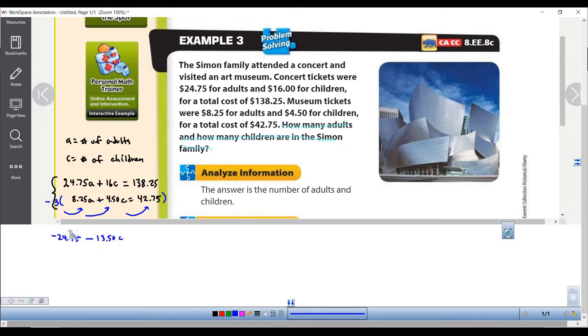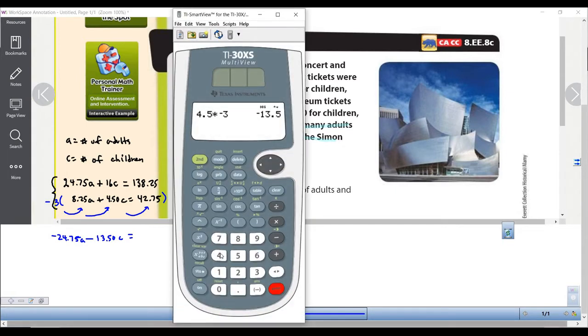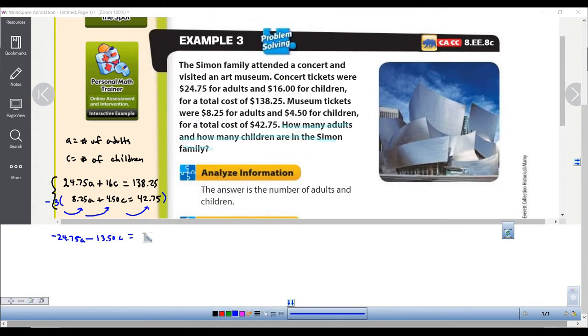And that's for children. Oops, what did I forget on here? I forgot the A, right? So -2475A minus 1350C. And then I'm going to do 4275 times -3. And I get -128.25.